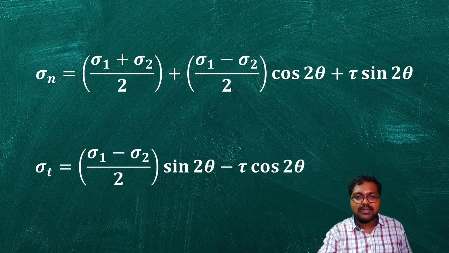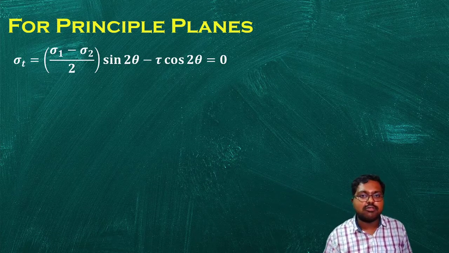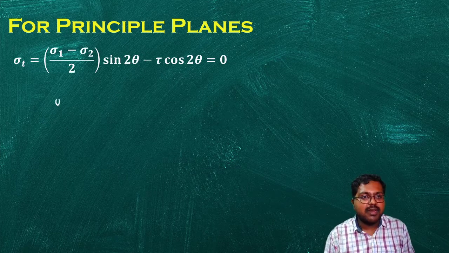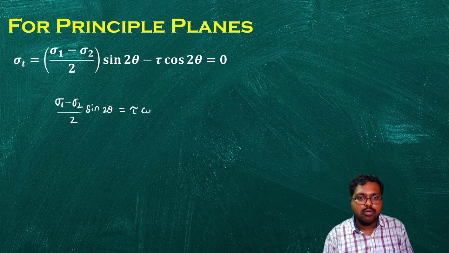So here I am considering that one. For principal planes, the shear stress acting on the oblique plane is equal to 0. So from this I will get (sigma 1 minus sigma 2) by 2 into sin 2 theta equal to tau into cos 2 theta.